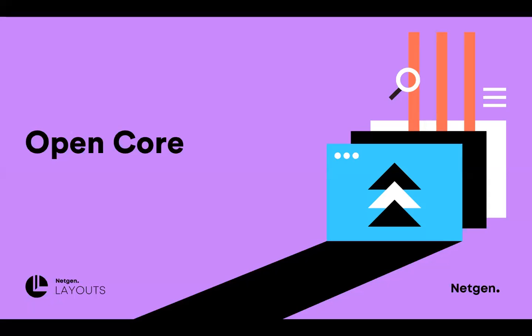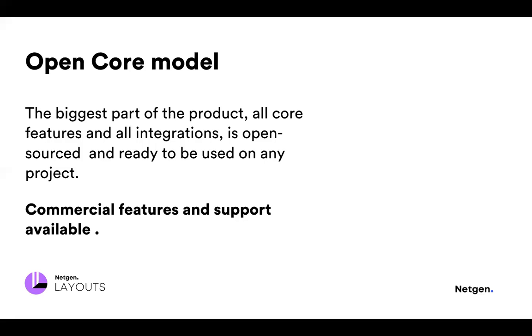Now quickly, just to explain the model behind the product, the open core model, so what it is about. We have the biggest part of the product, which you saw, as open source, MIT licensed. You can use it freely. And then the open core model also incorporates the commercial features and support.